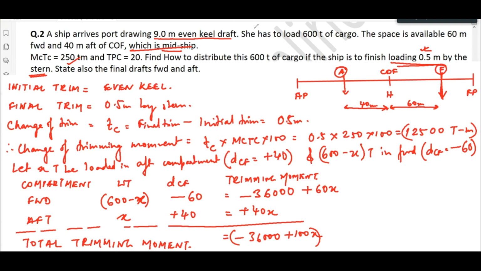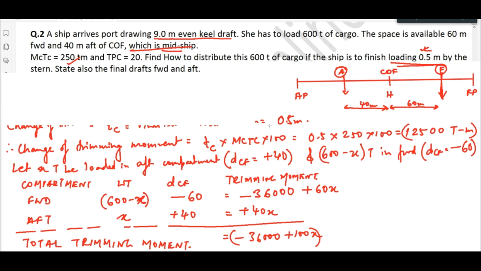Okay, let me erase the top part, guys. Can I erase the top part?